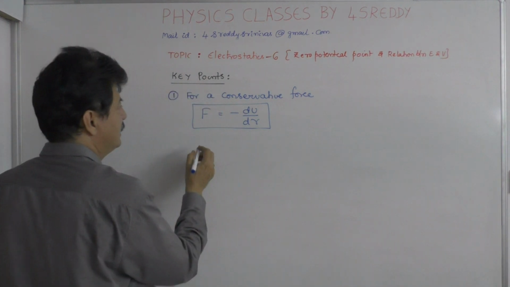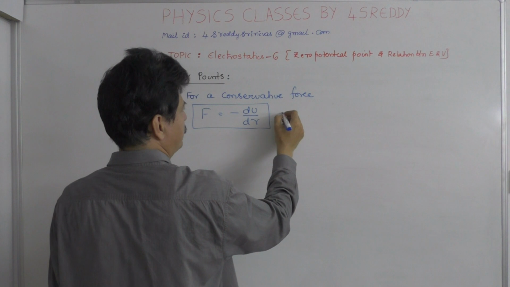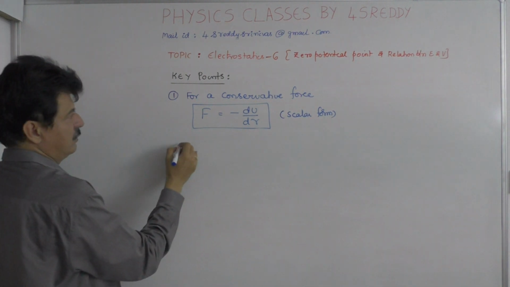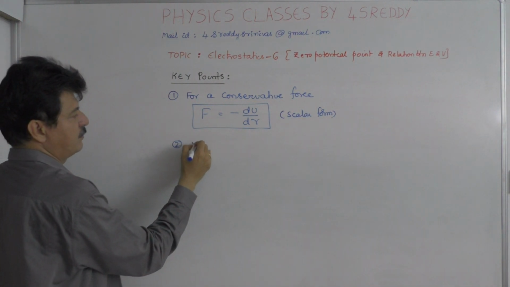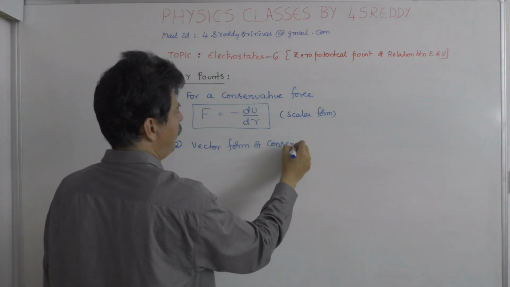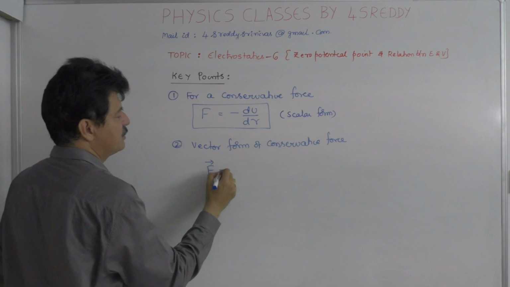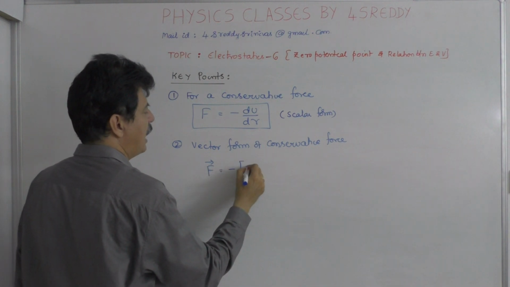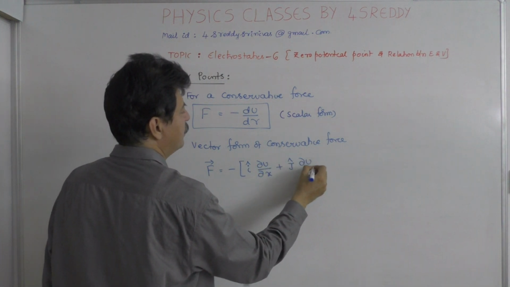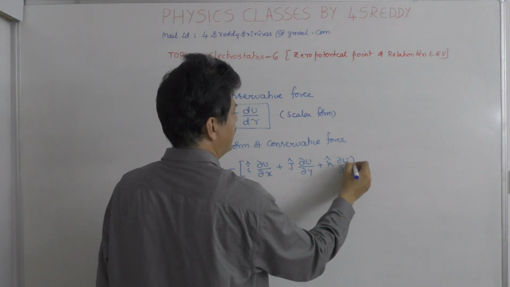That is, the negative of potential energy gradient is nothing but the force. And this is the scalar form. When you ask this in a vector form, the vector form of conservative force is given by F bar is equal to minus of (i cap into dou U by dou x plus j cap into dou U by dou y plus k cap into dou U by dou z).